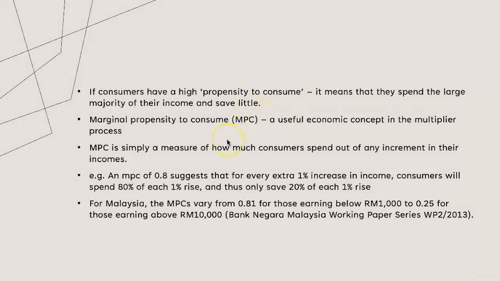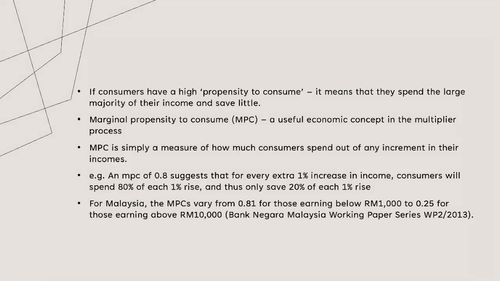So the MPC is actually a useful economic concept in the multiplier process. It's simply a measure of how much consumers spend out of their increment in income. The MPC is calculated as the change in consumption divided by the change in income.